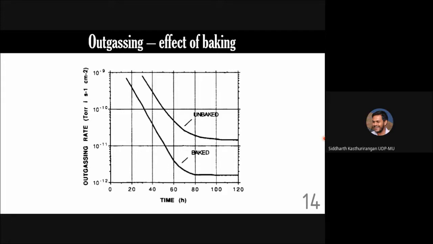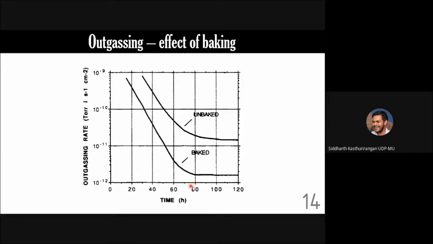So when you keep heating like that, the adsorbed gas gets dislodged from the walls, and in the end, you end up with a much lower vacuum. If you have not baked the vacuum chamber walls, then you end up with a final outgassing rate which is quite high, which means that per unit time a significant number of molecules keep getting released from the walls in a random fashion.